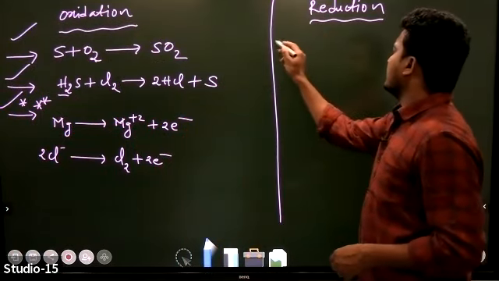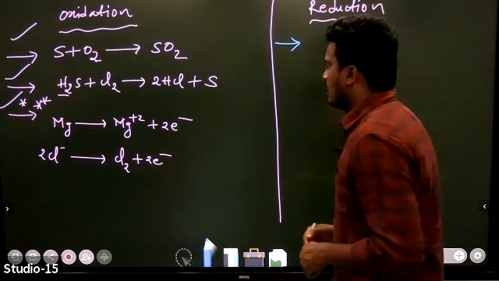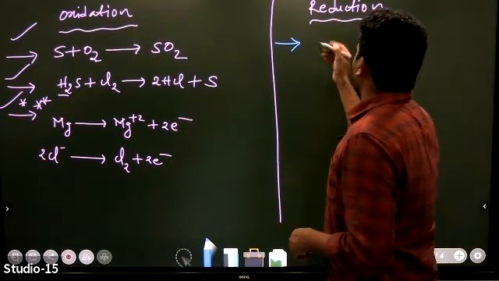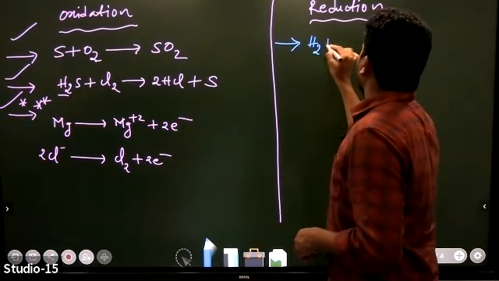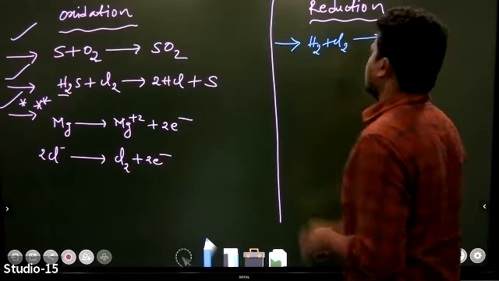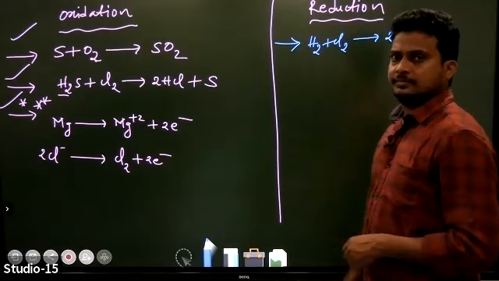First one is addition of hydrogen. The process of addition of hydrogen, H2 plus Cl2 gives 2HCl. This process is called reduction.